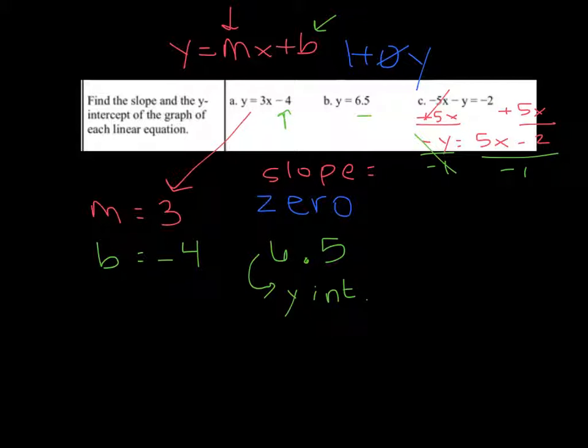So I wind up with y equals negative 5x plus 2. Dividing by -1 changes the signs of everything. And now I can identify my slope and y-intercept. My slope is the number in front of x, which in this case is -5, and my y-intercept, remember that's b, in this case is 2.